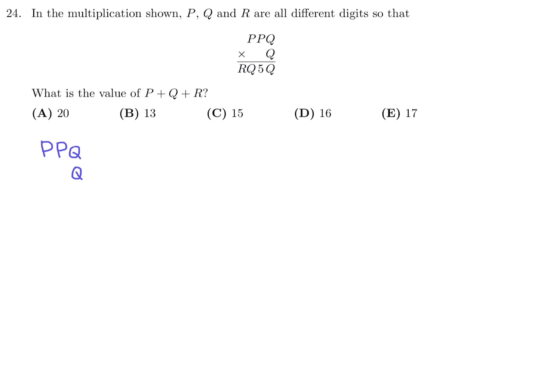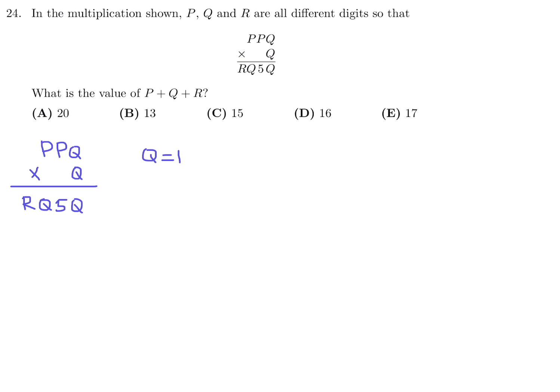All right, so the first thing I notice is that when I write this out, Q times Q has got to equal Q, right? This times this has to equal Q. Not necessarily, but at least that's where I'm going to start. Well, Q times Q equals Q. The only way that's possible is if Q equals 1.